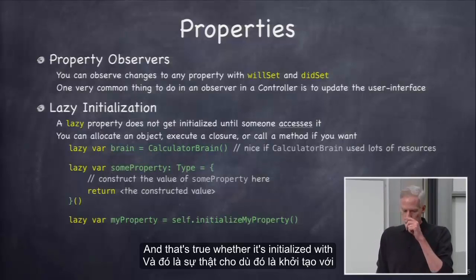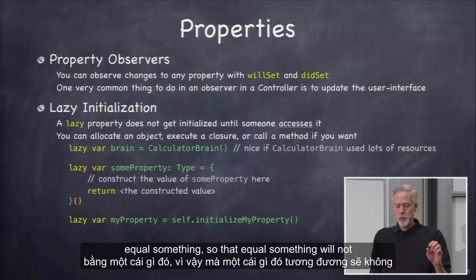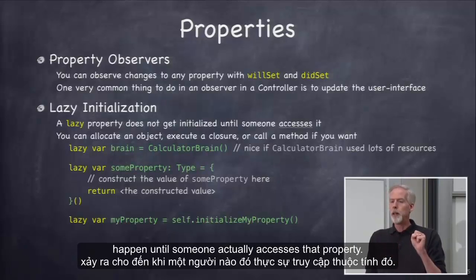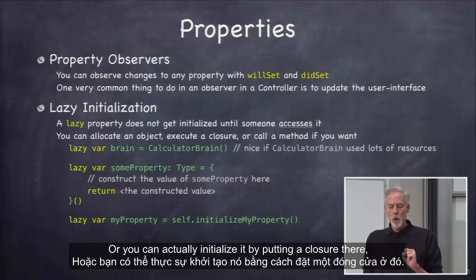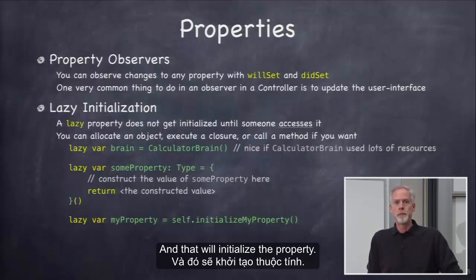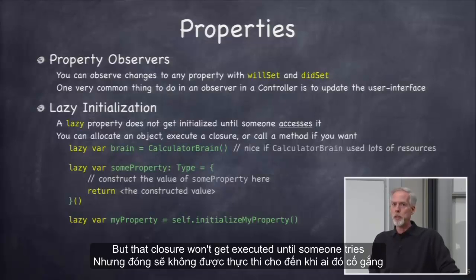And that's true whether it's initialized with equals something. That equals something will not happen until someone actually accesses that property. Or you can initialize it by putting a closure there, put parentheses after it, and it will execute that closure. And that will initialize the property. But that closure won't get executed until someone tries to get it.